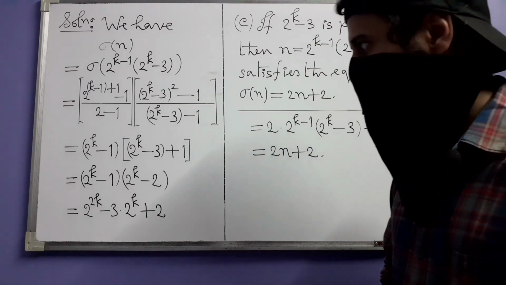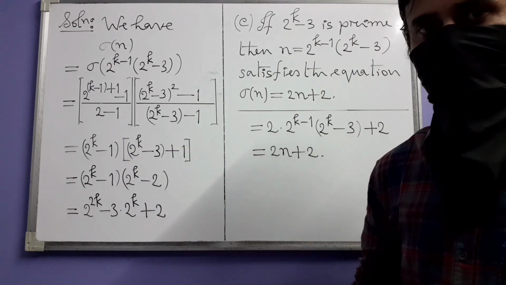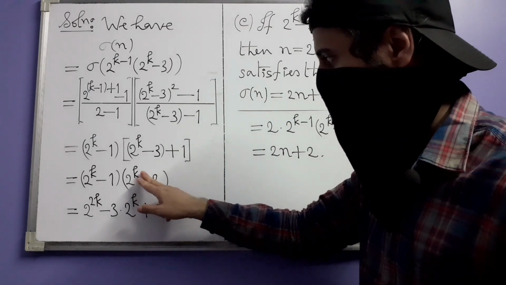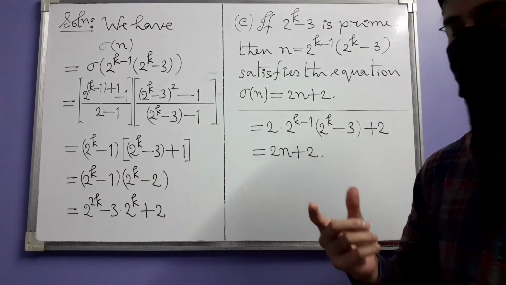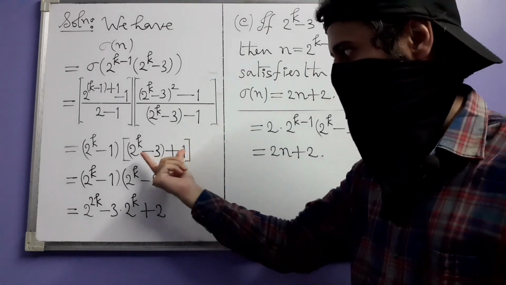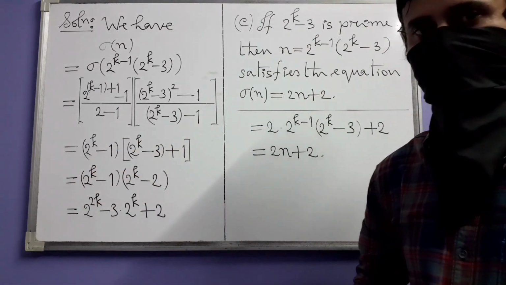So now however we are not going to get 2 to the power k only from here. Instead we get 2 to the power k minus 2, and this one stays here. Recall that previously this became 2 to the power k, so we wrote it on this side.